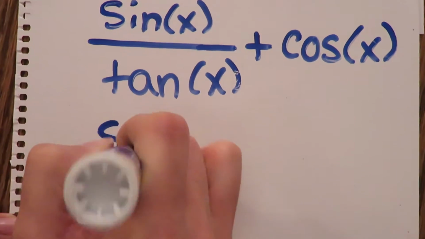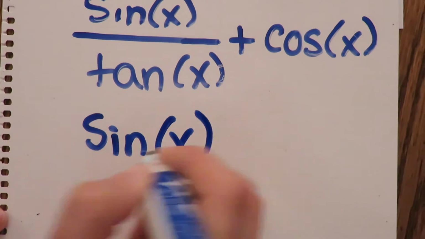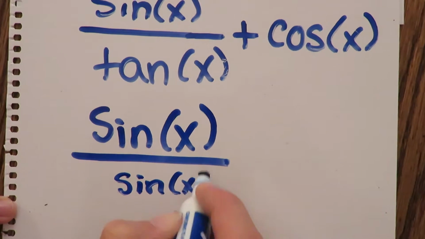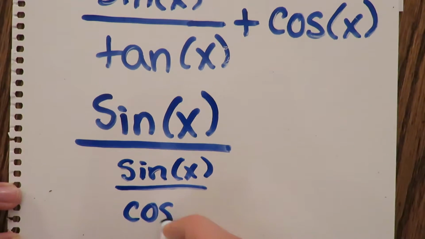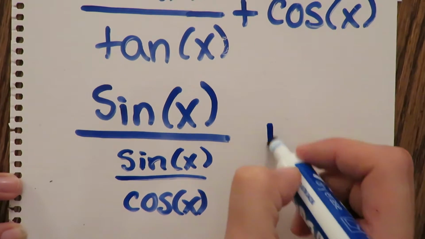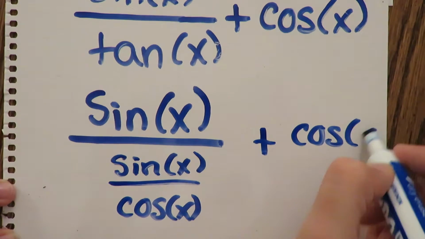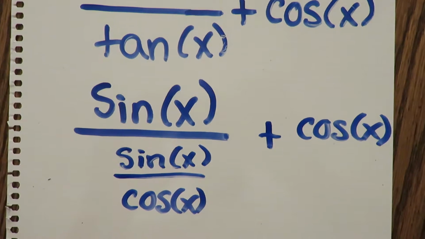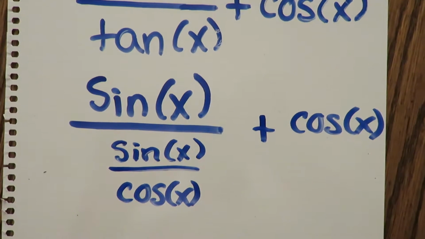So I still have sine x on the top, divided by, instead of tan, sine of x over cosine of x. And I still have plus cosine of x. Now, it looks like it's getting more complicated, but remember, we start to cross things off and it will actually get simpler for us.